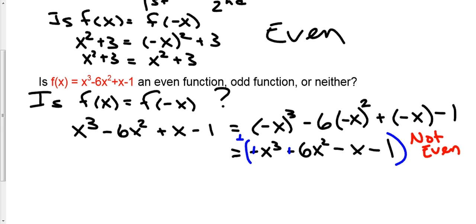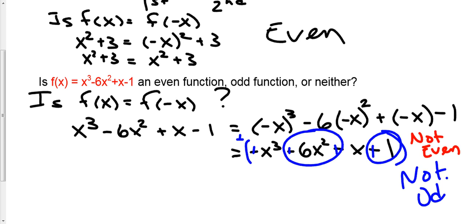Boom, boom, boom, boom, boom. Is it odd? This guy right here, right? And this guy right here. That's not odd. So this is neither.